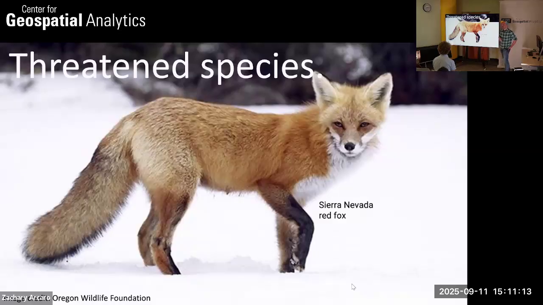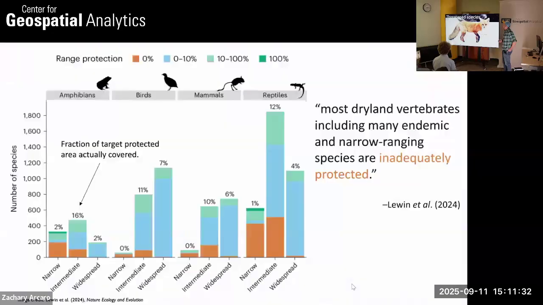Further, a lot of those species are threatened in various ways. This is the Sierra Nevada red fox, which is a threatened species. It's emblematic of a lot of the species that are characteristic of drylands. A lot of them are threatened due to land use change and climate change. And further, a lot of those threatened species have inadequate coverage of their home ranges in protected areas.